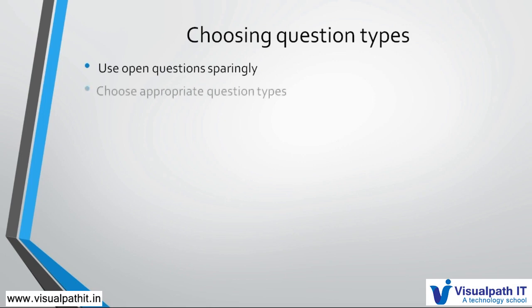Next, choose appropriate question type. Survey tools increasingly support a brilliant number of different question types, from checkbox grids to dropbox, image selections, star ratings, and Likert scales. The choices are many, so which should you use?